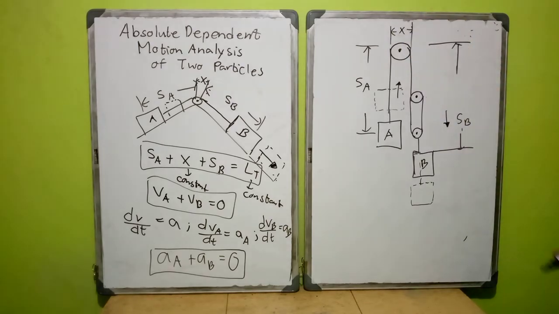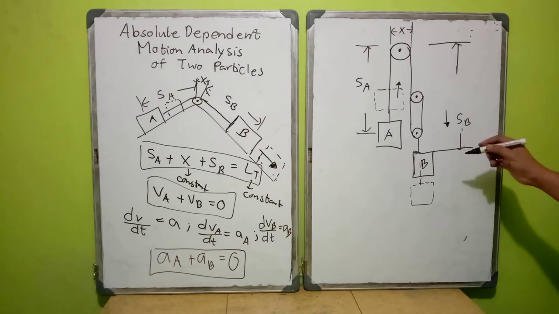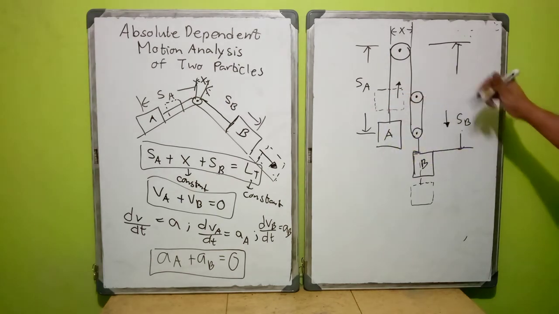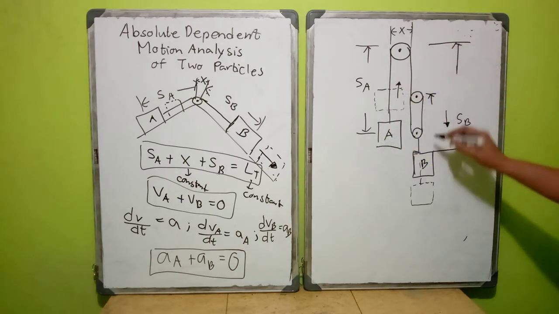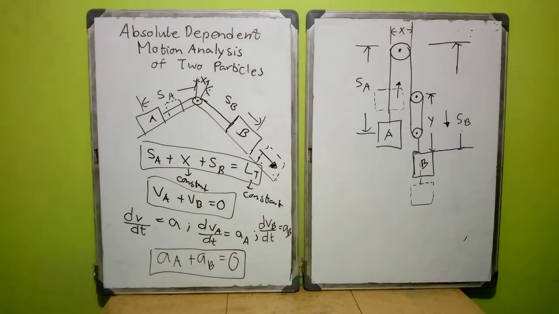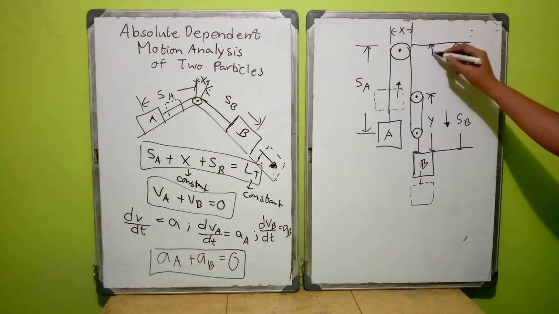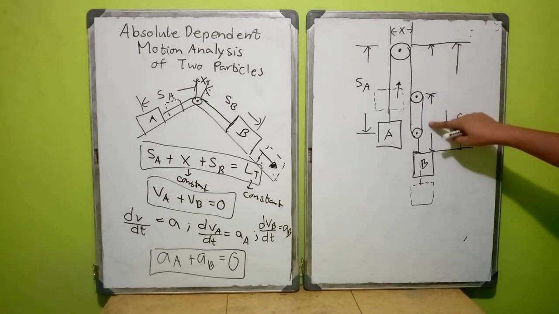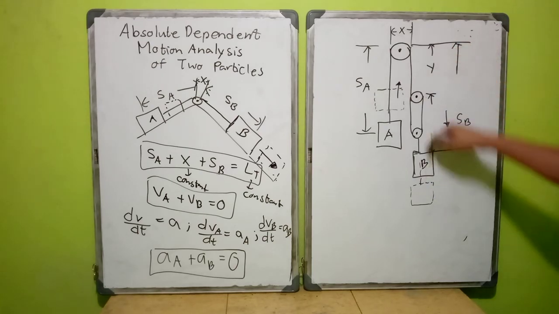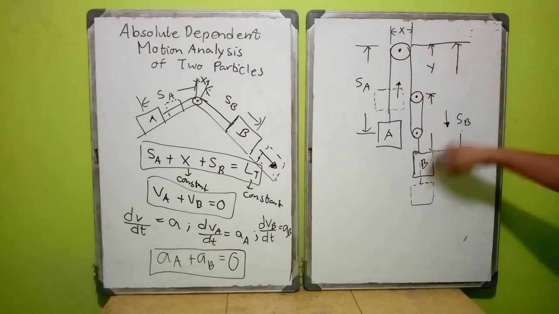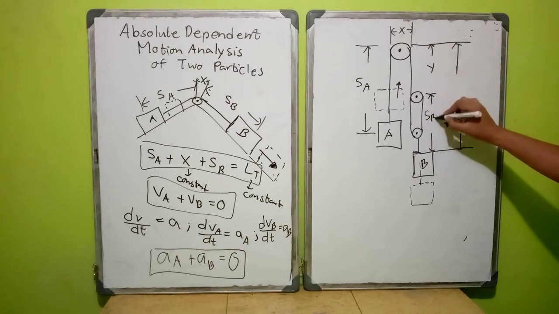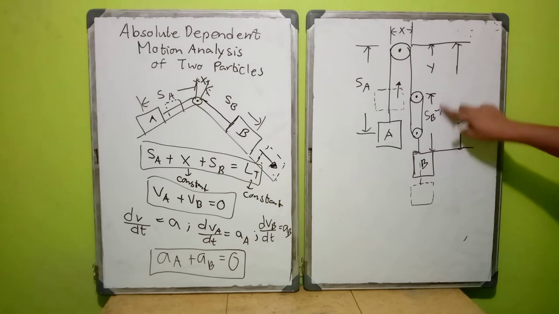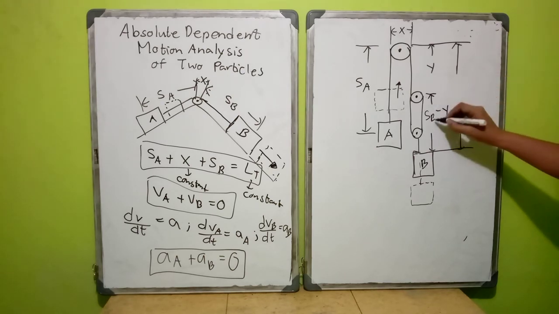Here, please do remember that there are actually two lengths: SA and SB. Let us say this is Y, the length of this rope. Since it is moving, this is also changing, so this will be SB minus Y. For clarity, I will erase the direction of motion.